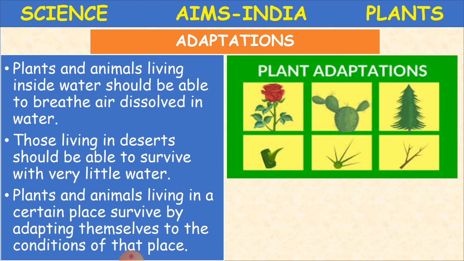As I said before, some plants live in hot climate, some live in dry climate, some live in cold climate. In whichever area they are living, those plants are able to make themselves live in those particular climatic conditions, so that they can survive in that area. Clear, children?